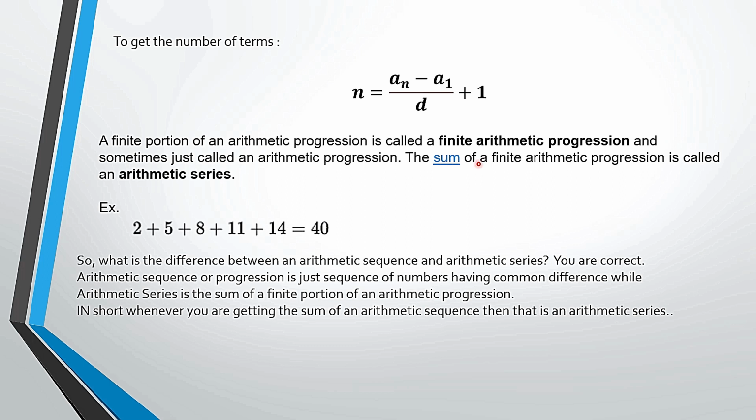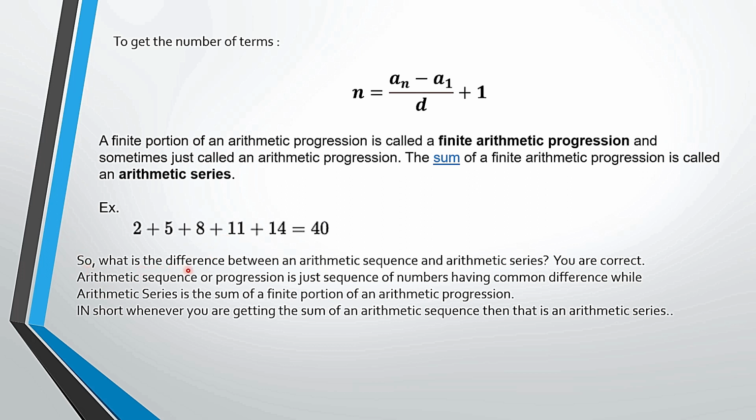The sum of a finite arithmetic progression is called an arithmetic series. An example of an arithmetic series is 2 plus 5 plus 8 plus 11 plus 14. If you can notice, they have a common difference of 3.